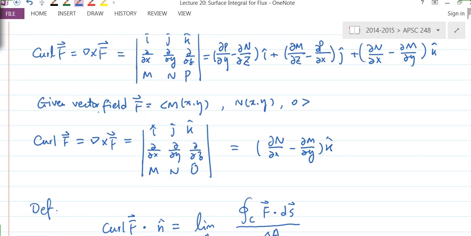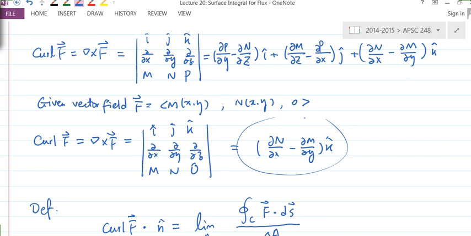If the vector field is 2D, so it's just a function of x and y, there's no z component here. Then this formula becomes simplified. It just has one k hat component.